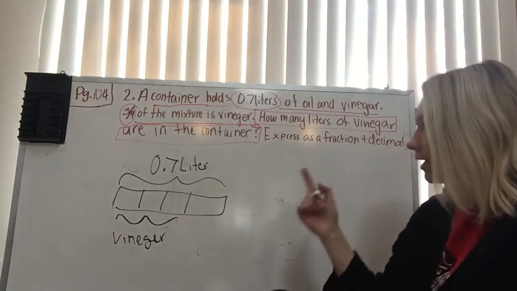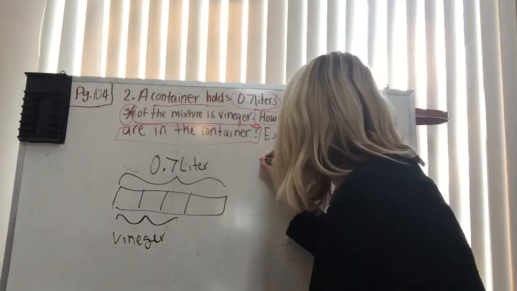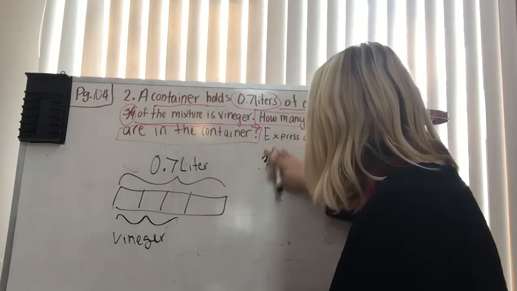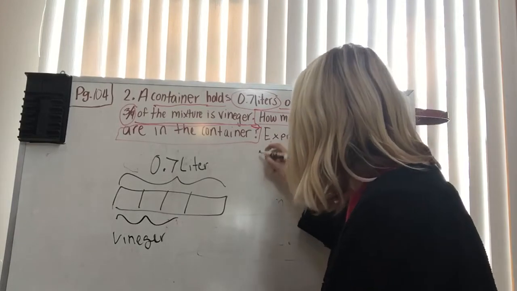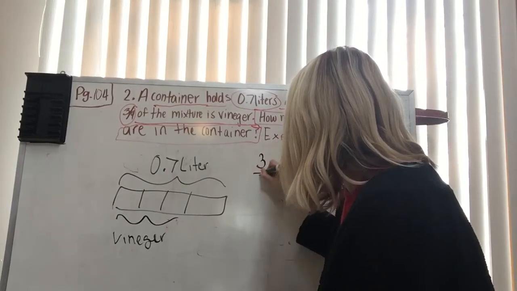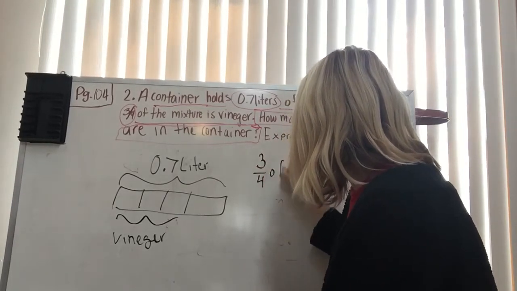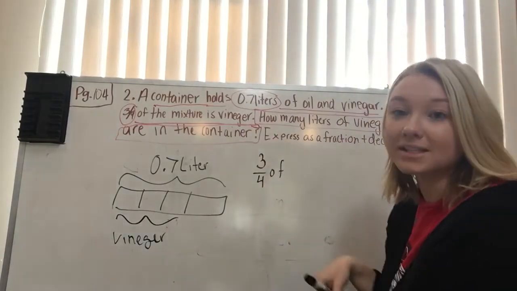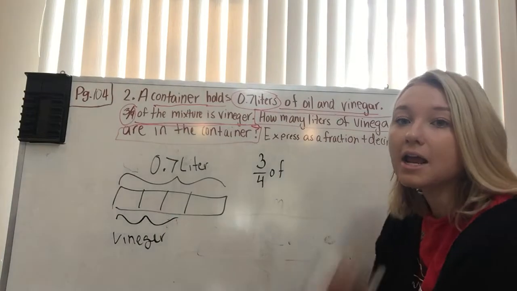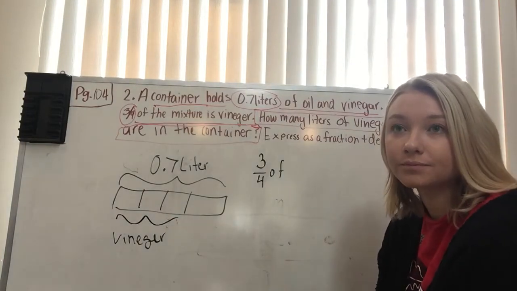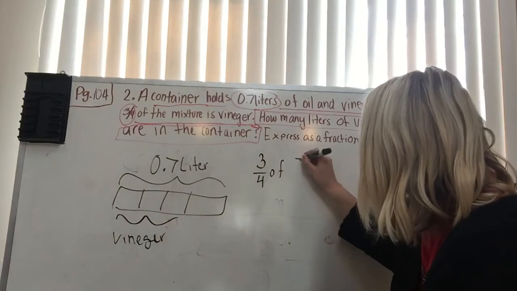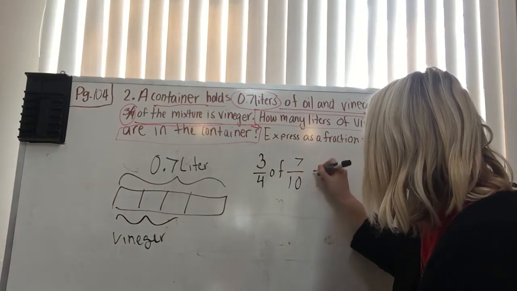So just like last time, we need to find what 3/4 of, I know that this is 7/10, so I'm just going to write it as a fraction. So 3/4 of 7/10 of a liter.